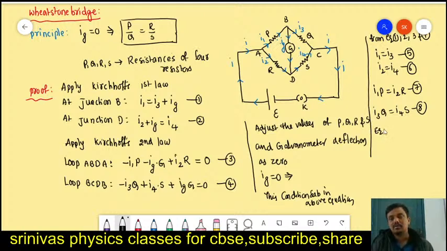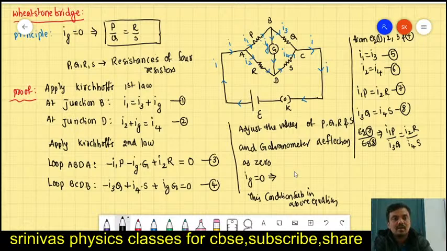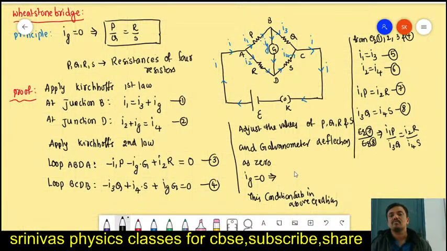Now divide equation 7 by equation 8. Then what will you get? I1p by I3q is equal to I2r by I4s. But here one thing you have to remember: from equation 5, I1 is equal to I3, and from equation 6, I2 is equal to I4.